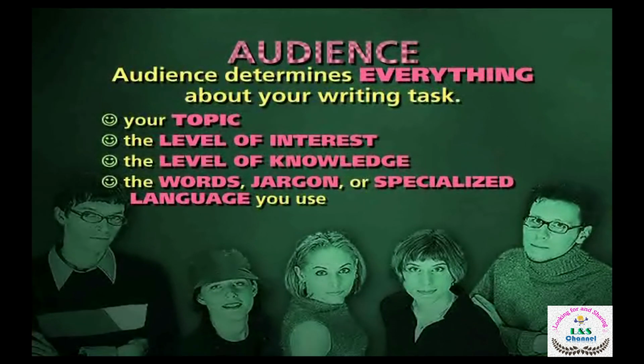Your audience also determines the words that you use. For example, the jargon or the specialized language of a certain field. Someone who's an engineer has a different set of words than someone who is a doctor, for example. And you would use the words used in that field. Children have a different level of diction than adults. You would use shorter, simpler, and more common words with young children.